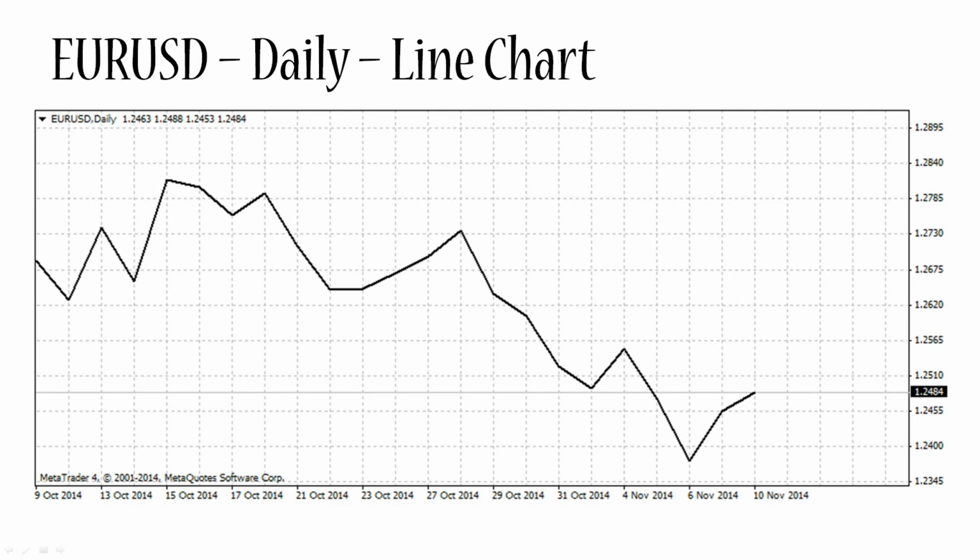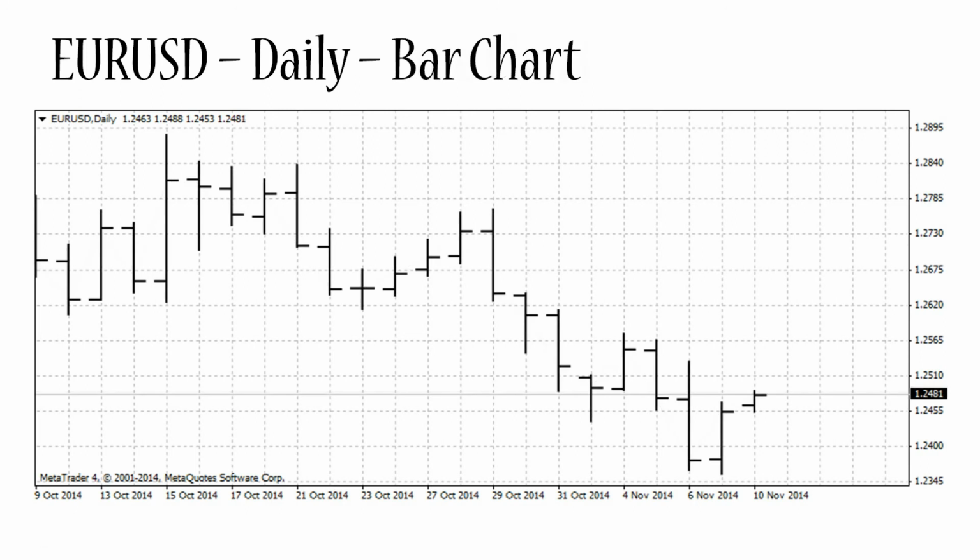Now let's look at the same chart but represented by a bar chart. As you can see, now we have much more information. It might be a bit more cluttered, but we can see where the highs and lows were and exactly how this progression or this trend is developing.